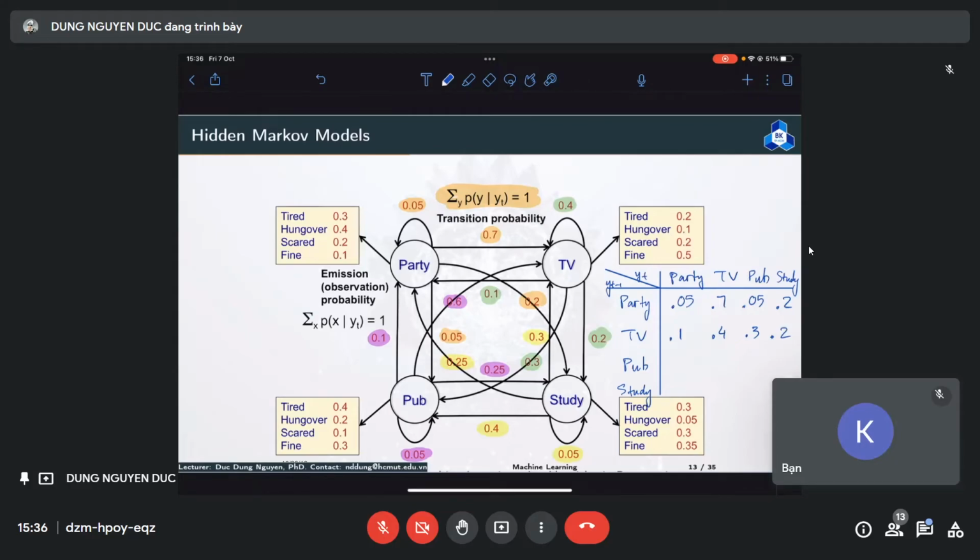For pub, you have pub to party is 10%, and pub to TV is 60%. Pub to pub is only 5%. And lastly, pub to study is 25%.